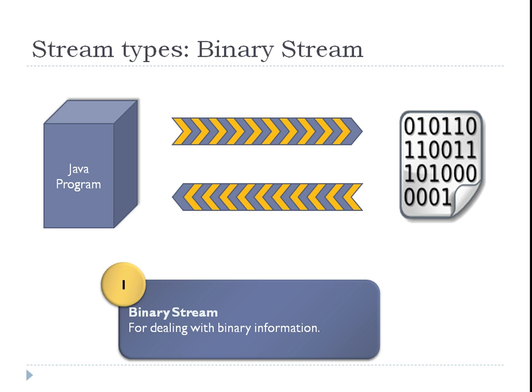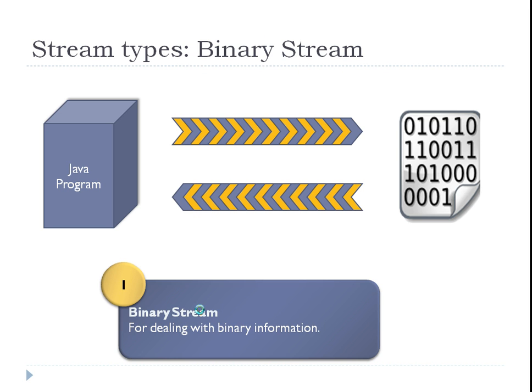If our program wants to read a binary file, a byte-oriented file, for fetching information from those files or sending information to those files, we need a stream through which bytes can flow. This connection, through which bytes flow, is known as a binary stream. So whenever we want to read something from a binary file, we use a binary stream.